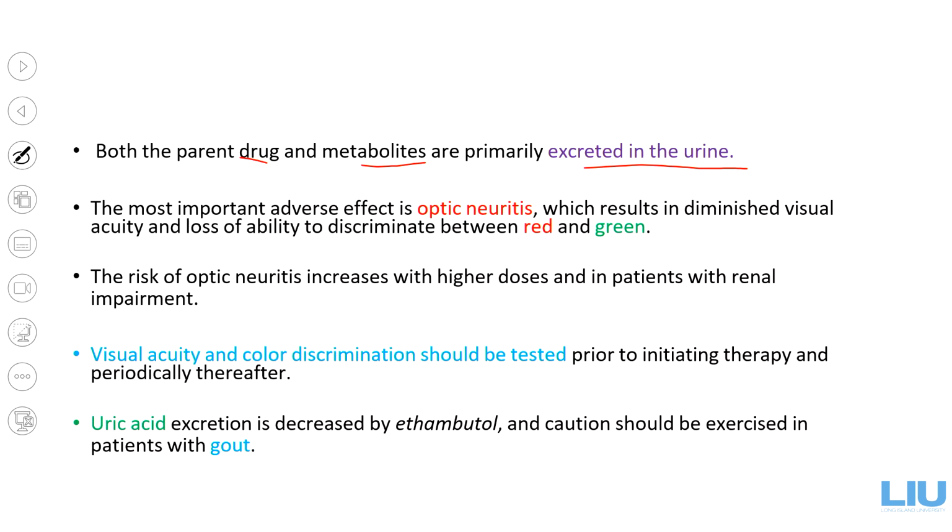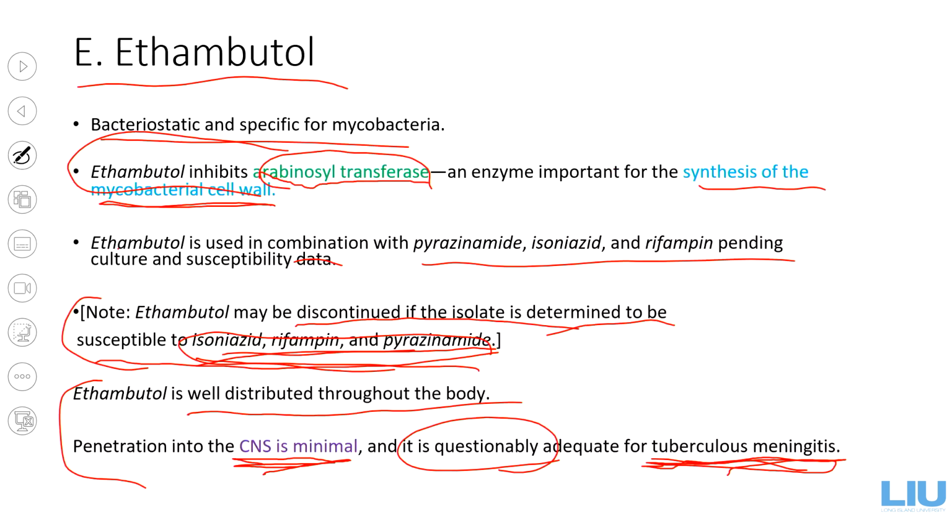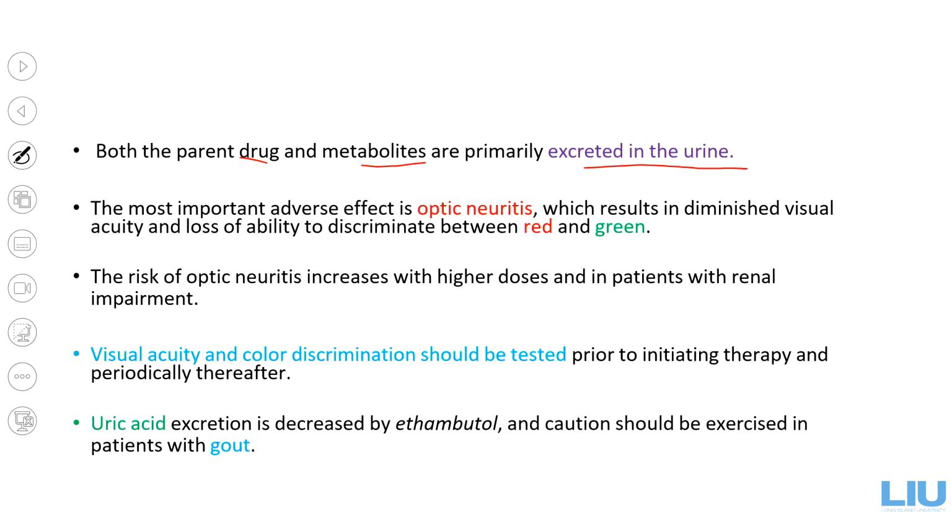That's an important side effect for the ethambutol, which is it actually causes optic neuritis and makes the patient unable to discriminate between the red and the green color. Okay, and so throughout the time that the patient is taking this drug, what should we do?